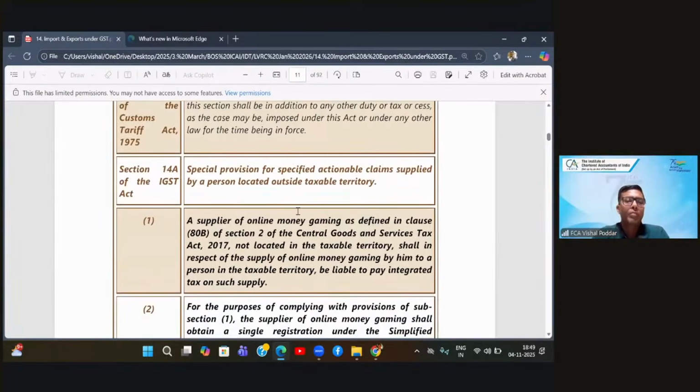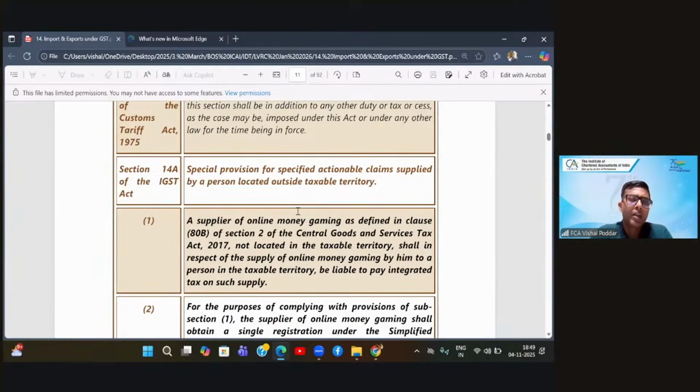Now coming to next special provision, that is under 14 of the IGST Act. Now this section is applicable for whom? So there are two sections, section 14 and 14A of the IGST Act. Both these sections are applicable to a similar scenario, that is where the supplier is sitting outside, the recipient is inside, and we are talking about the scenario where the recipient is NTOR, that is non-taxable online recipient. Now, why this importance is placed on non-taxable online recipient?